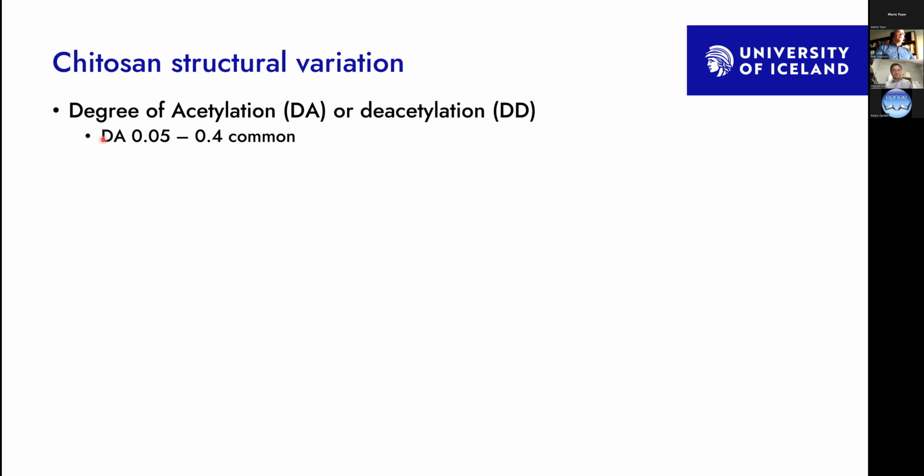If we talk about degree of acetylation, it's common in material from maybe 0.05, 5% acetylated, up to 0.4. About 50% then, if you have more than 50% acetylation, usually you will refer to that material as chitin rather than chitosan. And it will often start to become insoluble.